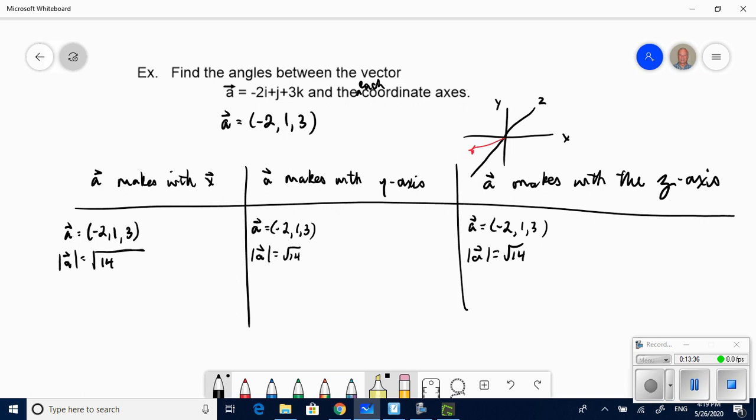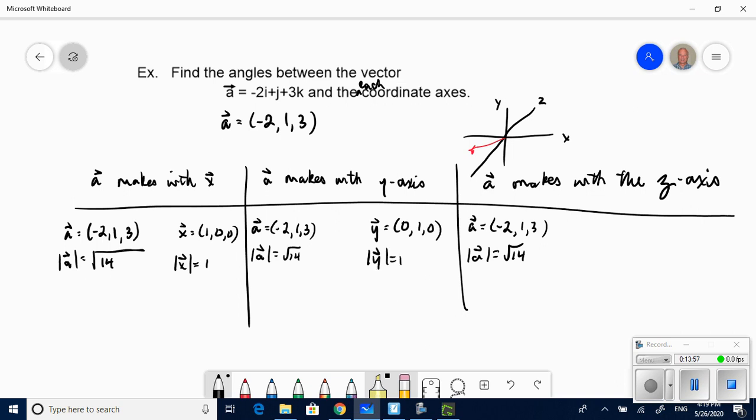Okay, my x-axis. Let's use the unit vector 1, 0, 0. That's the simple vector here, and its magnitude is going to be 1. My y-axis. Now we've called these different things in the past, right?